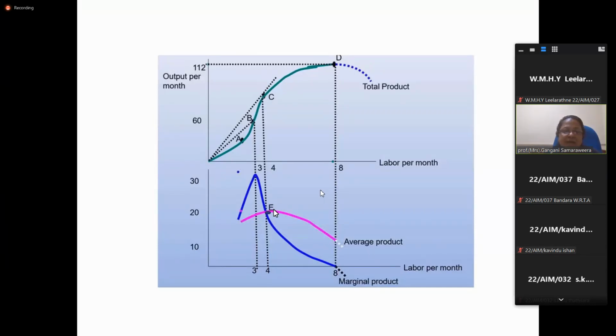Average product is maximum when it comes to 4 labor units. Here also you can see the difference. Okay. So every time you can see when it touches. See here, average product equals marginal product at that time.